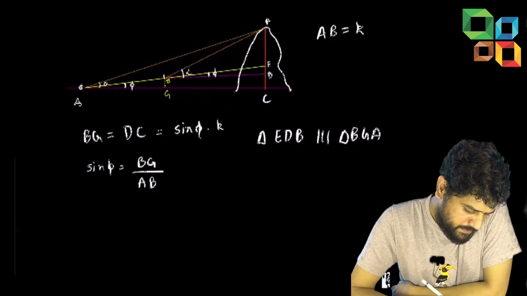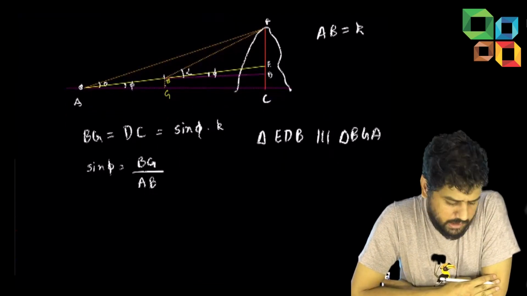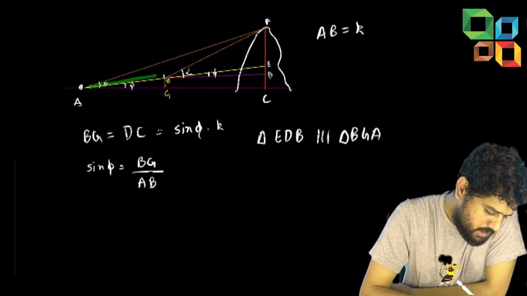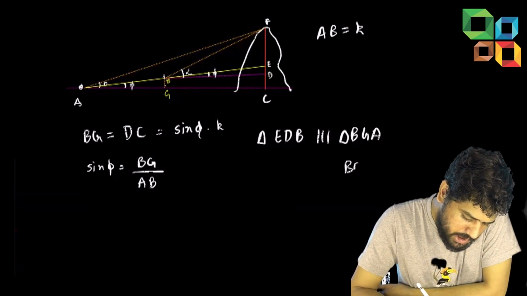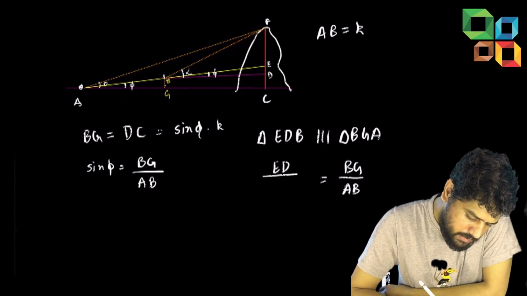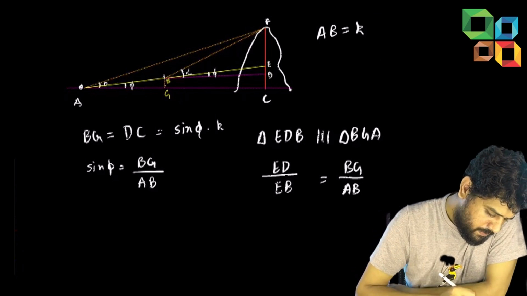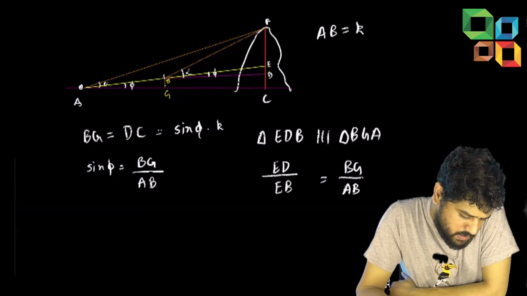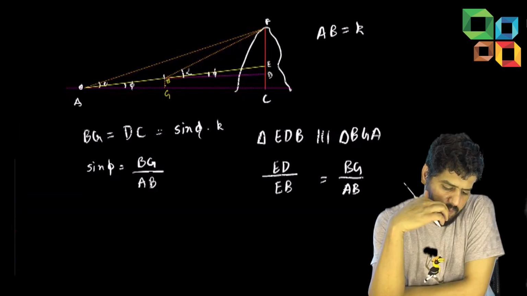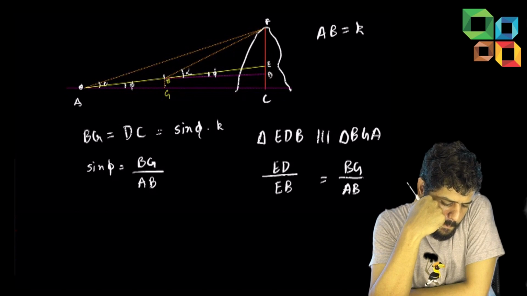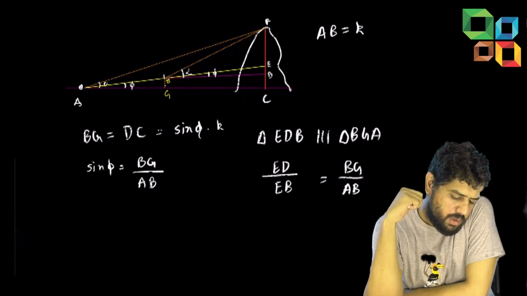So what all lengths do we know? See here, we know BG and AB. So BG upon AB is equal to ED upon BE. But we can't calculate from that. We don't know EB also.